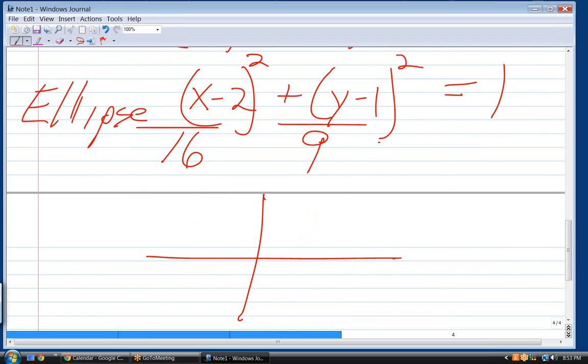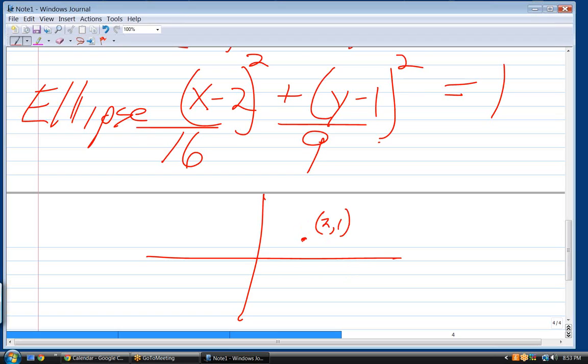2, 1. Right here. Right around there. Yep. Is it horizontal or vertical? Horizontal. Okay. And this distance between the edge of the vertex, in other words, let's go ahead and put 2, 1 there. All right.